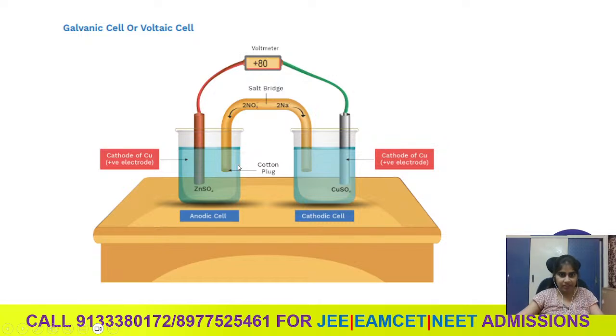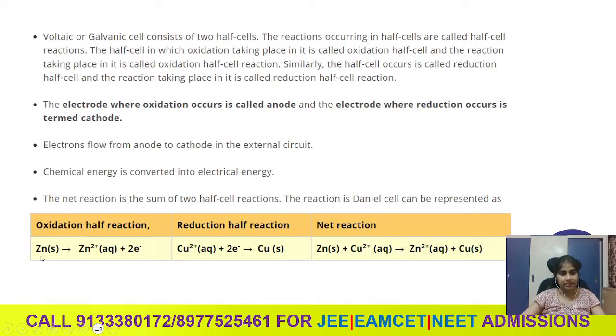Here we have in one of the containers zinc sulfate solution and in the other copper sulfate solution. What happens when electricity is passed? This zinc loses two of its electrons and it is converted into Zn+2.